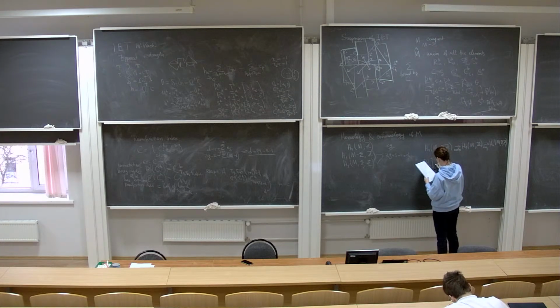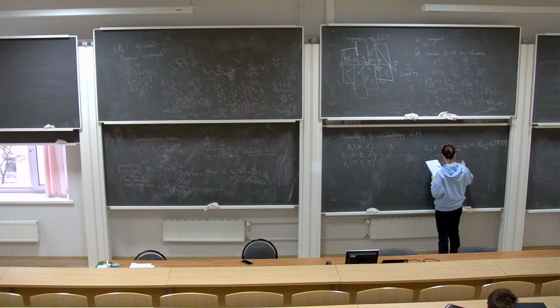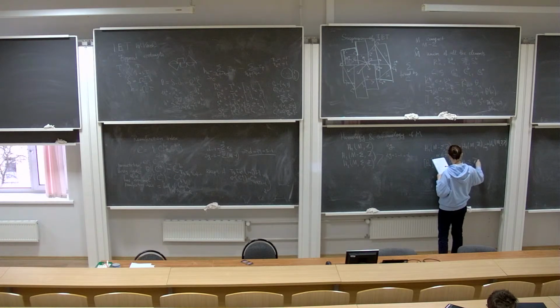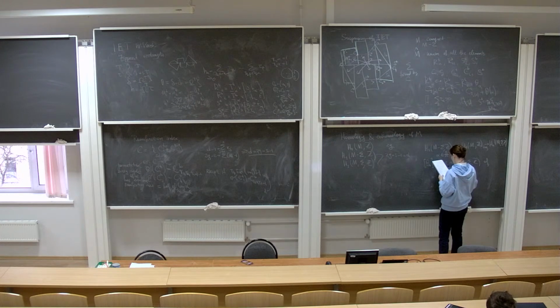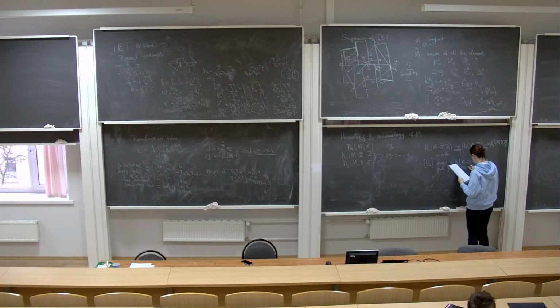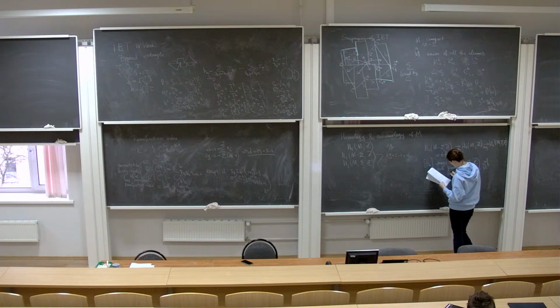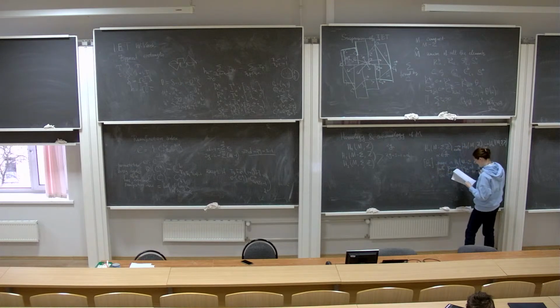It will be the image in our homologies of the path joining, in the interior of M hat, the center of each rectangle R alpha top to the center of R alpha bottom.